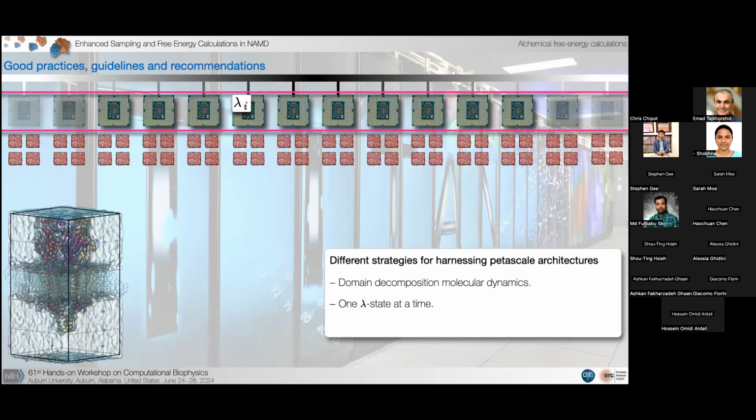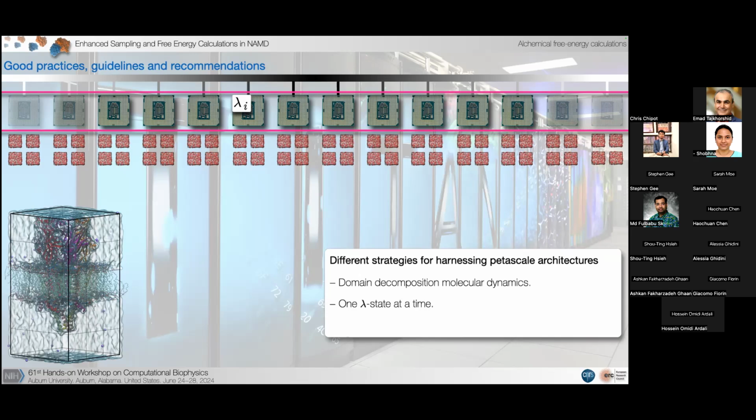You'll see this afternoon when you play with this in the tutorials, every time you change lambda, going from lambda equals 0 to lambda equals 0.1, and then 0.1 to 0.2, you need to re-equilibrate. The reason is that when you start with lambda equals 0.1, say, you want your system to reflect this value of lambda.